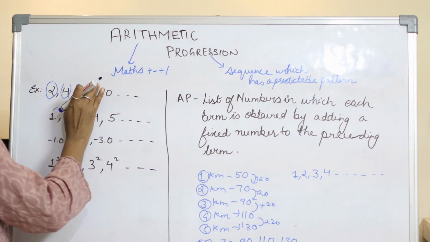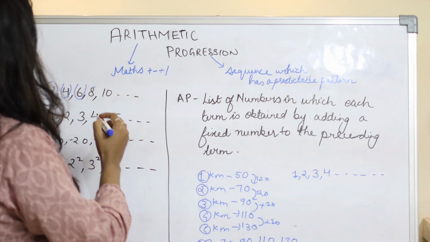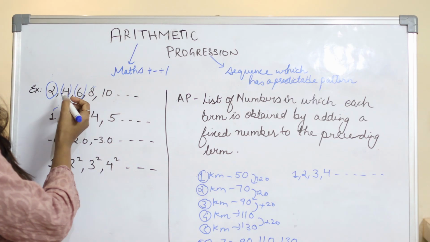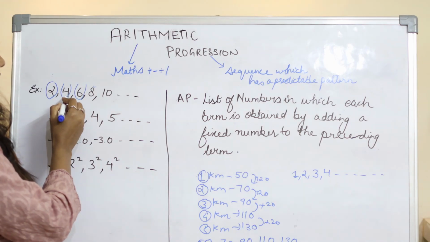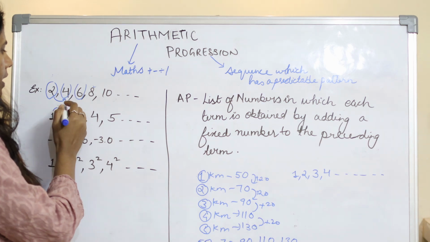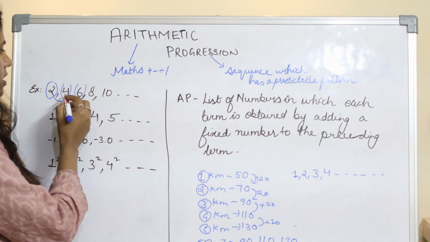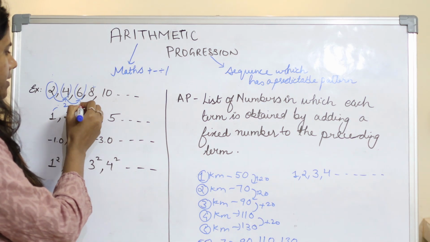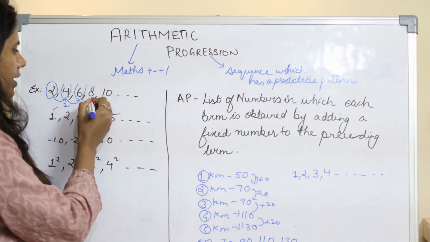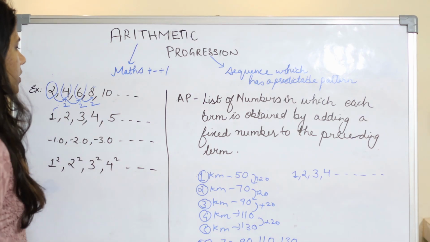If we subtract 2 from 4, we get 2. Subtract 4 from 6, we get 2. Subtract 6 from 8, we get 2.